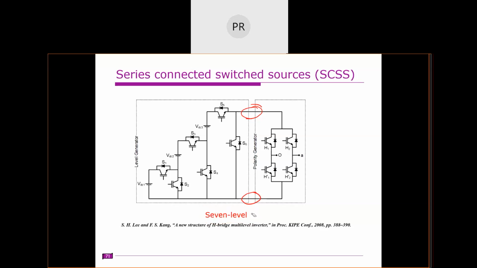S1, S3, S5. We need to trigger these to obtain VDC1 plus VDC2 plus VDC3.